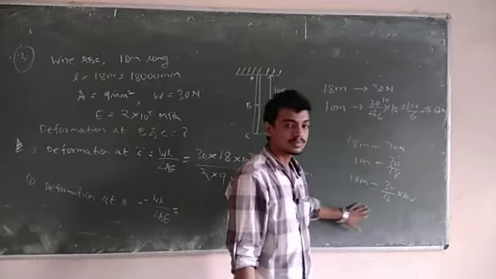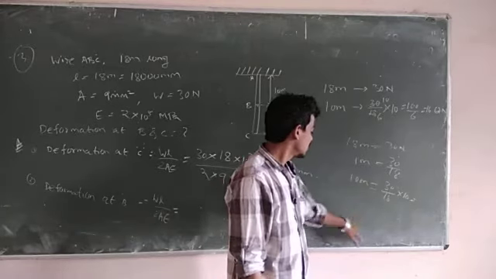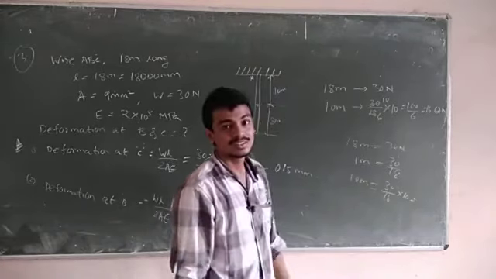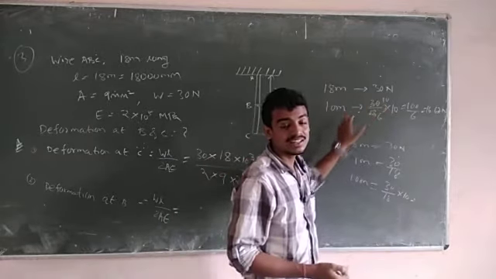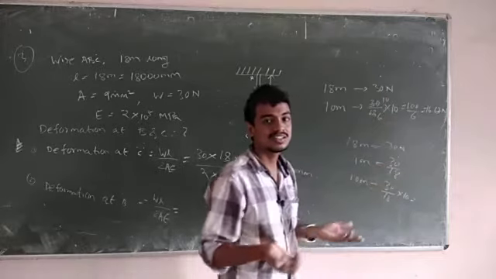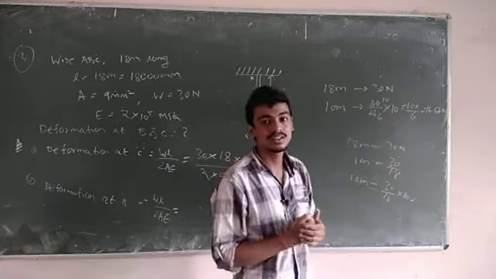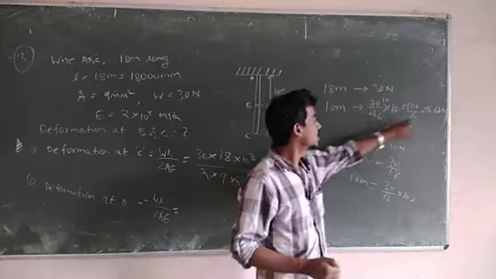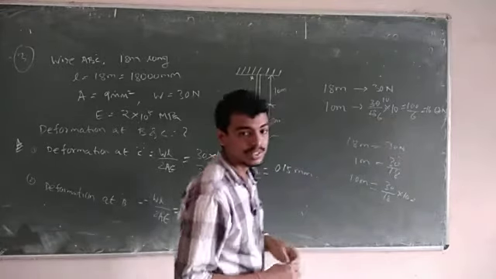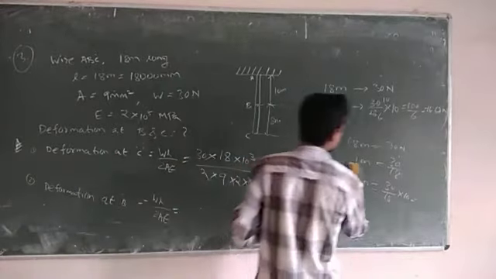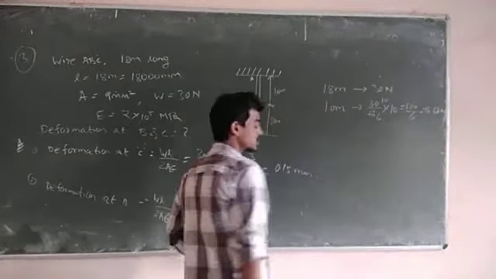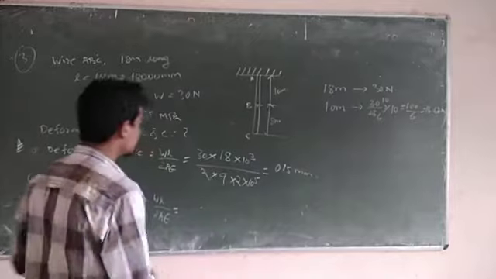While you are solving in school, if the length is this much, how much will be the weight. Just I have calculated by a simple logic. So the weight is 16.67 Newton. So this is our new weight.